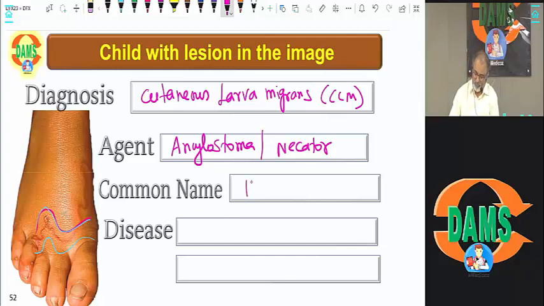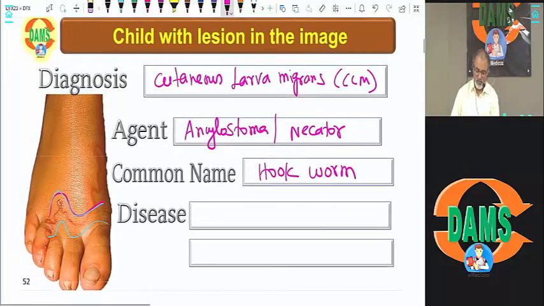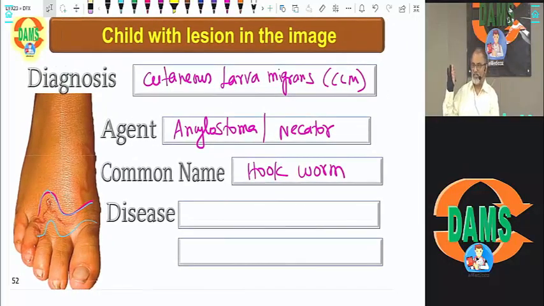What is the common name? I already leaked it: hookworm. What does hookworm cause? Number one, it causes cutaneous larva migrans. But when the hookworm enters the skin, it causes an itch called ground itch. Ground itch, very important.